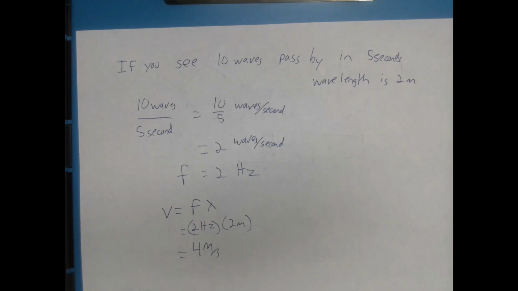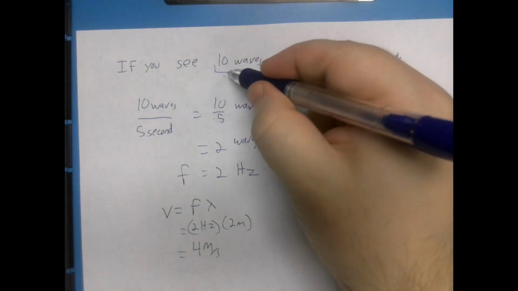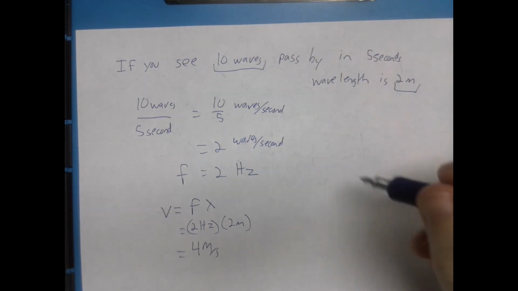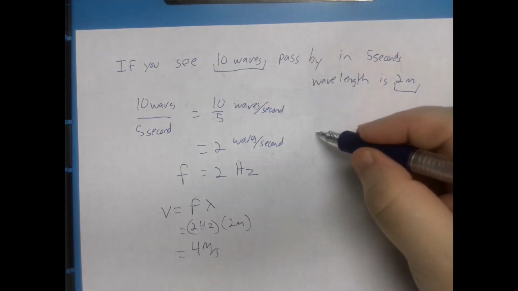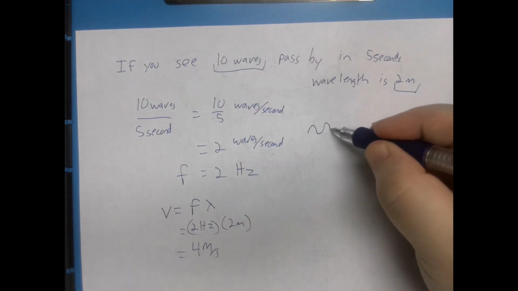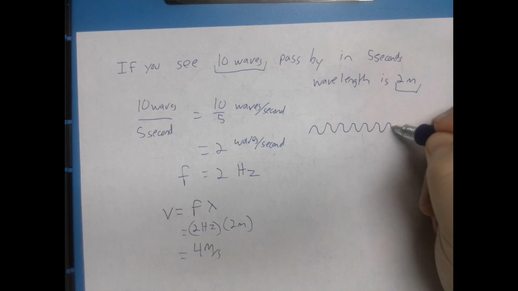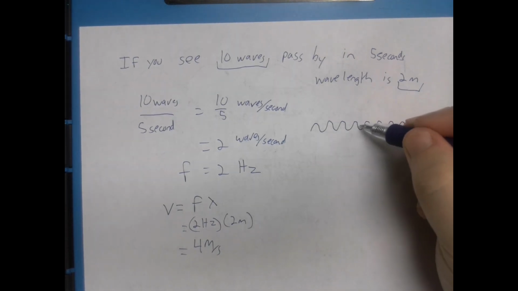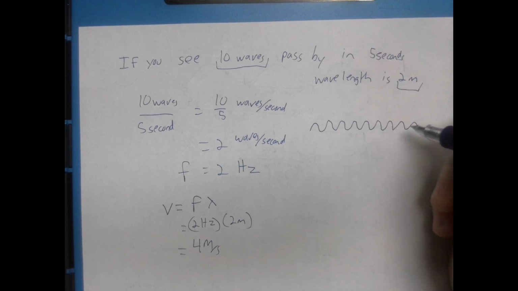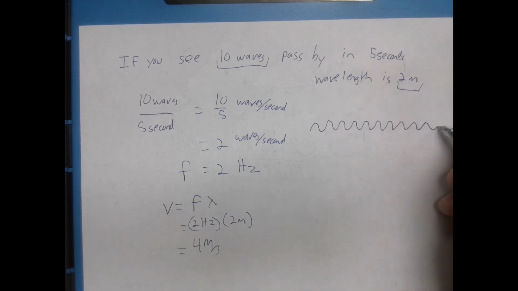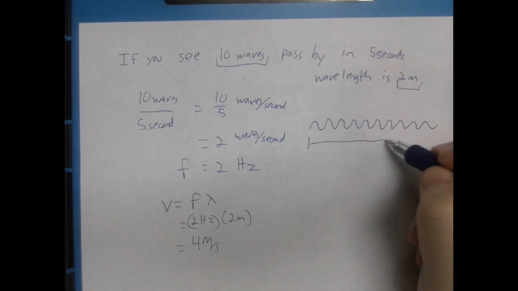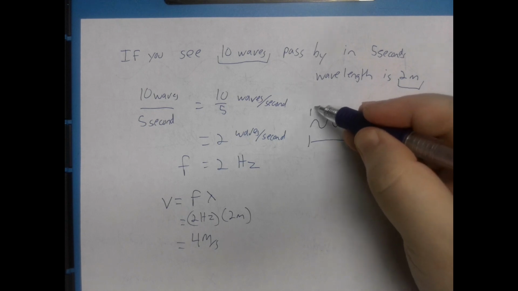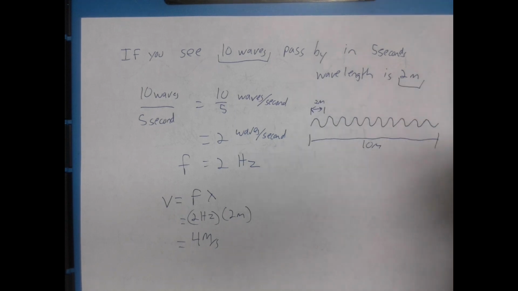Another way to solve this is if you see 10 waves, each wave is 2 meters, that means the entire 10 waves. So again, you're saying 1, 2, 3, 4, 5, 6, 7, 8, 9, 10. So this is 10 waves. Each one is 2 meters.